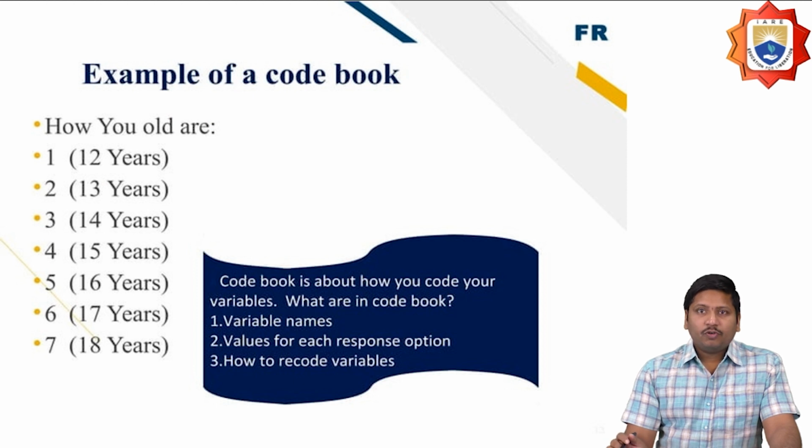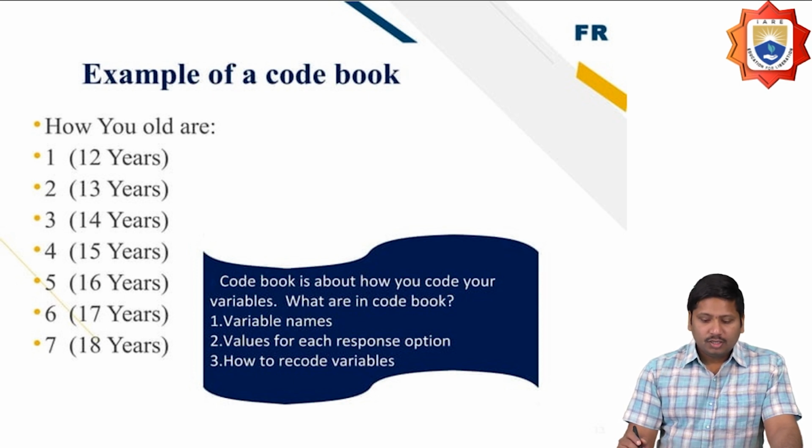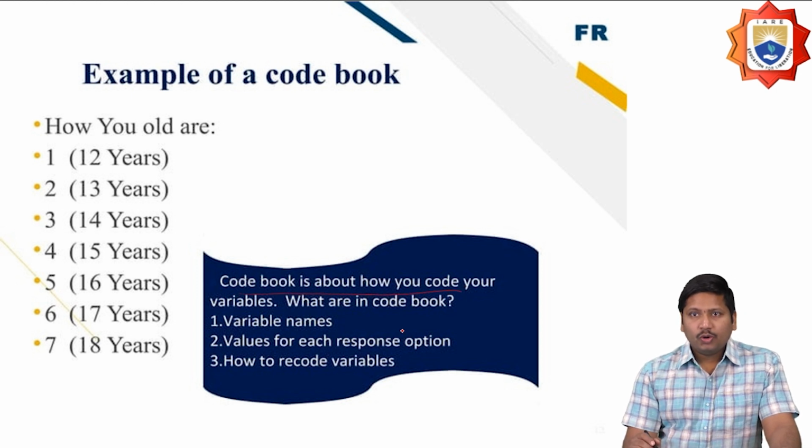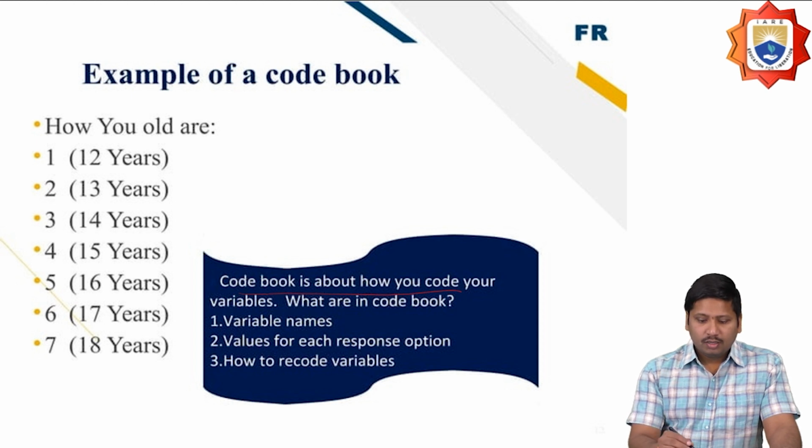So, an example of a code book: how old are you, like 12 years, 13, 14, 15, like this. The code book is where you can know the codes of variables. What is in the code book are the variable names, the values of each response option, and how to recode the variables.